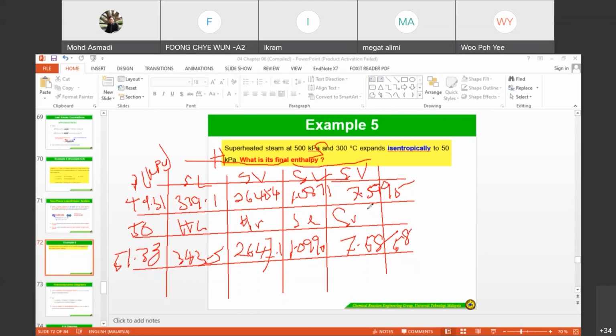Okay, so please do interpolation to determine this one.